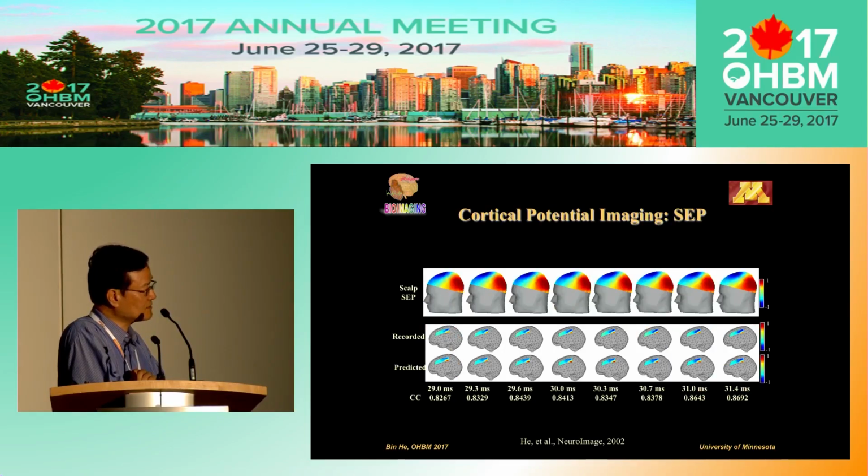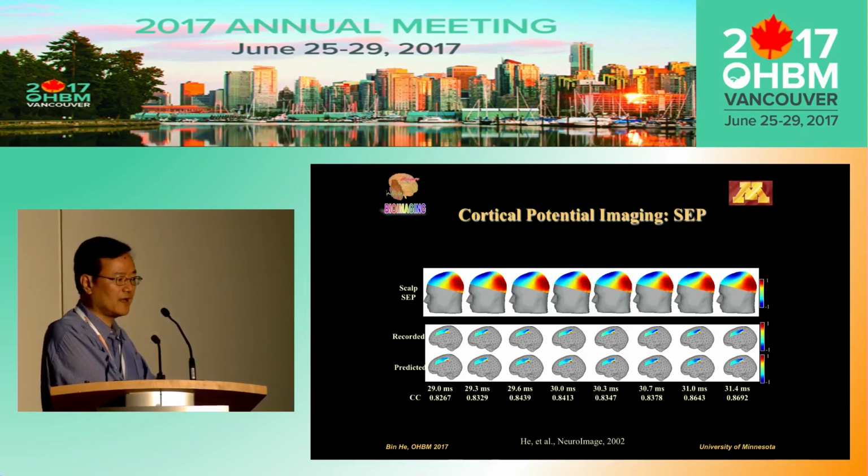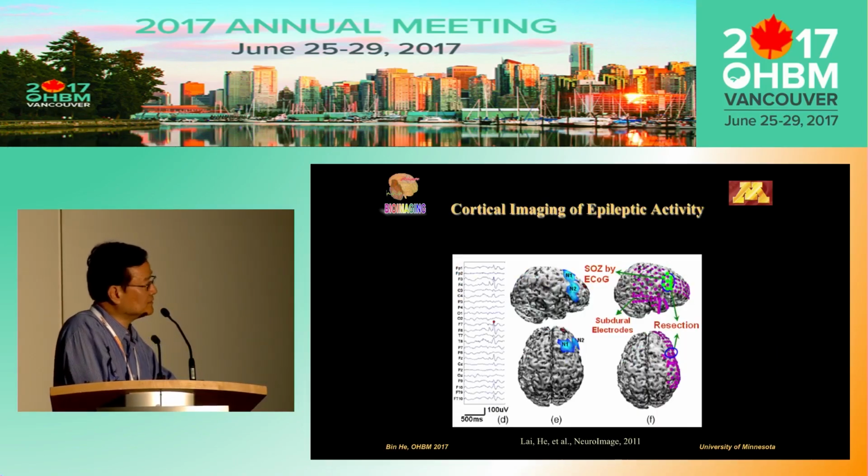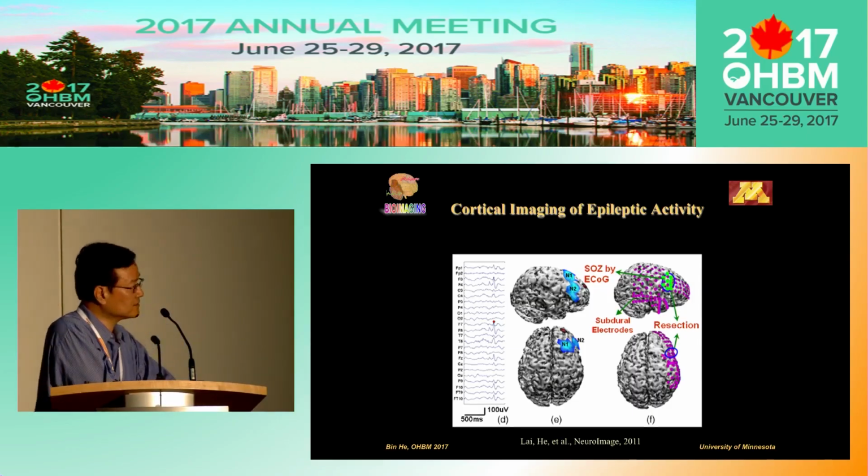Here is the same patient's recorded ECoG, and both are normalized, and you can see the correlation coefficient is about 84% or higher, which is not everything, but it does give you something useful. Here is a more recent example, showing an epileptic interictal spike, and this cortical potential imaging result correlated very well with the region that was resected, and also with the hot spot according to the invasive ECoG recording.